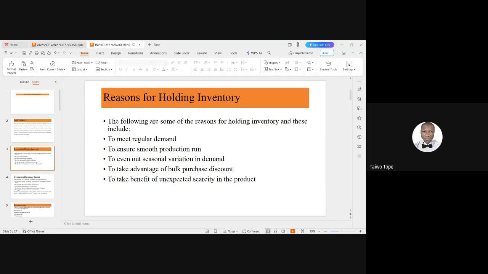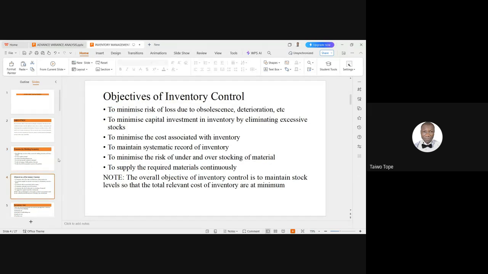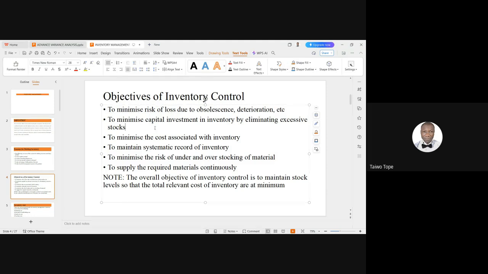So based on my slide, I'm speaking to my slide, talking about the objectives of inventory control, which I've also mentioned. The objective of inventory control is to minimize risk of loss due to obsolescence or deterioration.